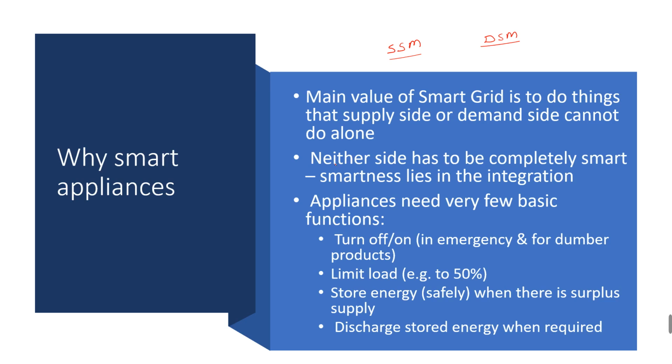So neither side has complete smartness, whether that is supply side management or demand side management. The main value of a smart grid is to do things that the supply side or demand side can't do alone. It means the work cannot be done by the supply side or the demand side alone, because none of them is completely smart.